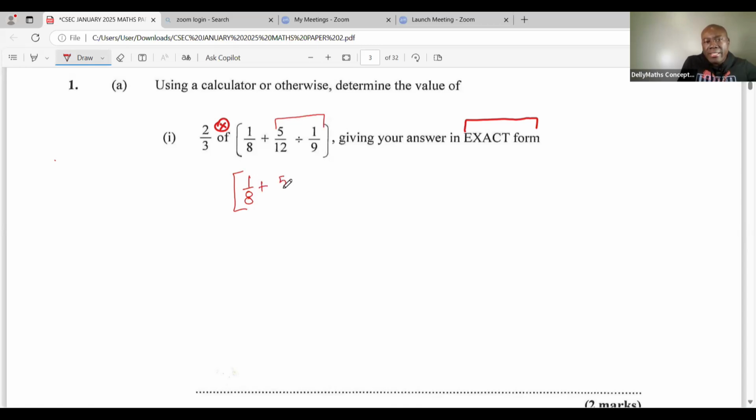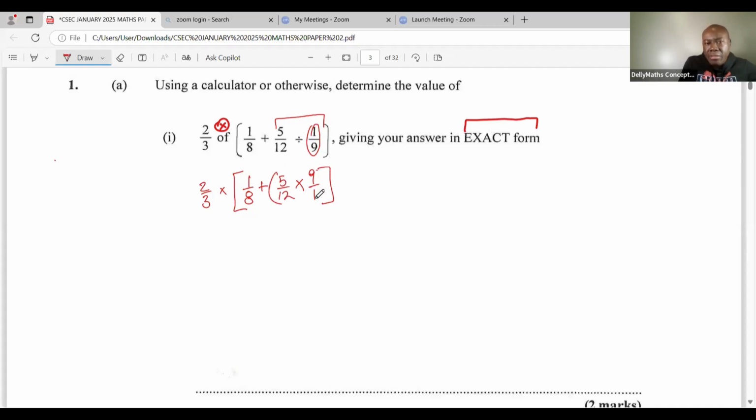So what we're going to have is 5/12, and we change the division to multiplication and reciprocate the fraction at the end, so we get 9/1. Mind you, this part is still outside, and we're going to multiply it when we're done. Now let's focus on the inside part.